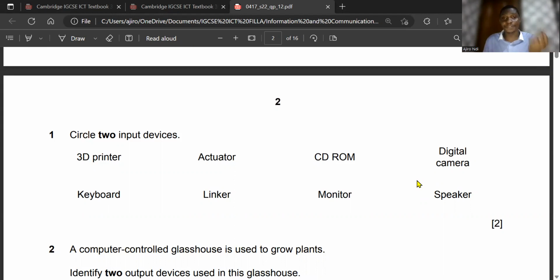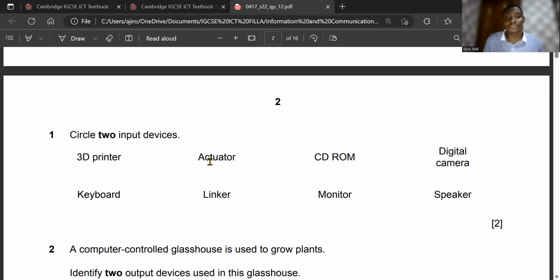That's what we're talking about. And we've talked about input devices. We said input devices are those devices that help to send data to the computer system. And then we gave so many examples of input devices. There is mouse, there is keyboard, scanners, etc. Now, let's look at all that is being given here. 3D printer. Okay, you see that in chapter 2, right, under the output devices.